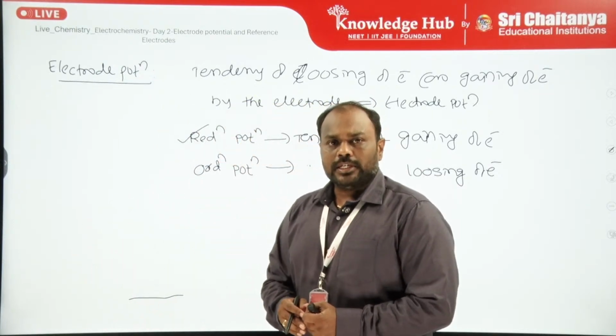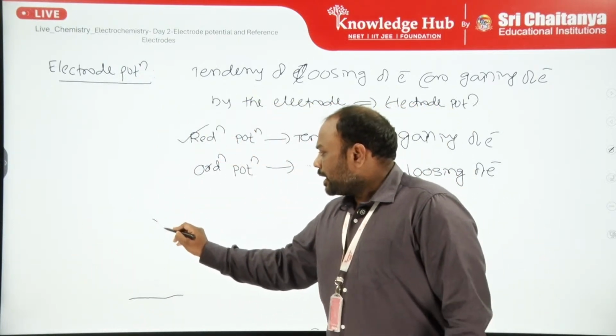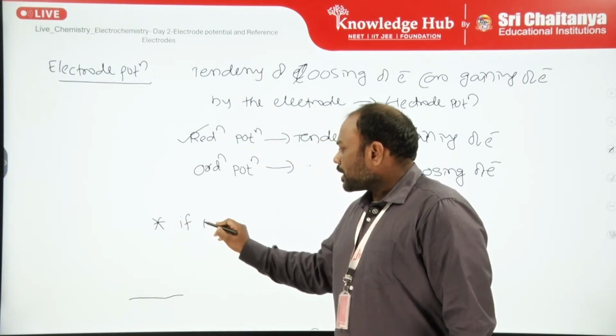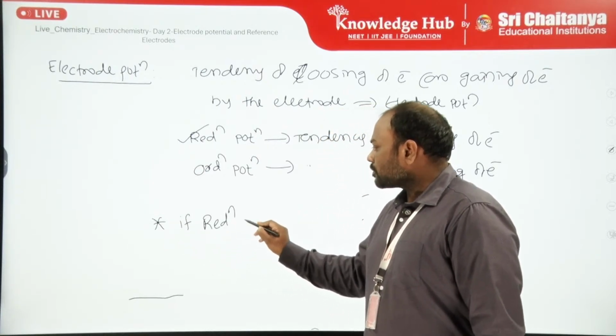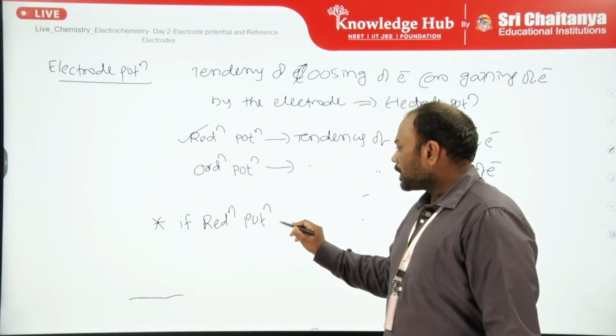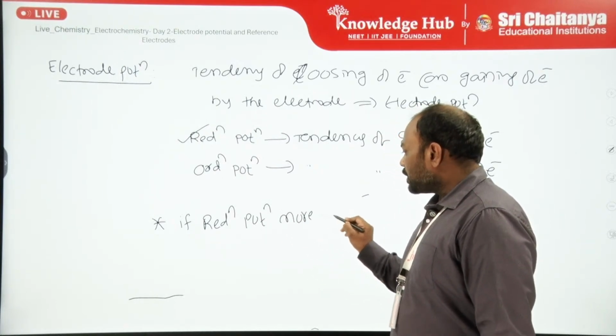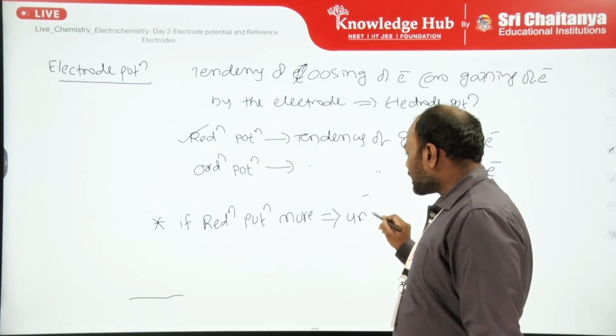Based on the potential, how do you identify which one undergoes reduction and which one undergoes oxidation? The simple rule is, if reduction potential values are more, it undergoes reduction reaction.